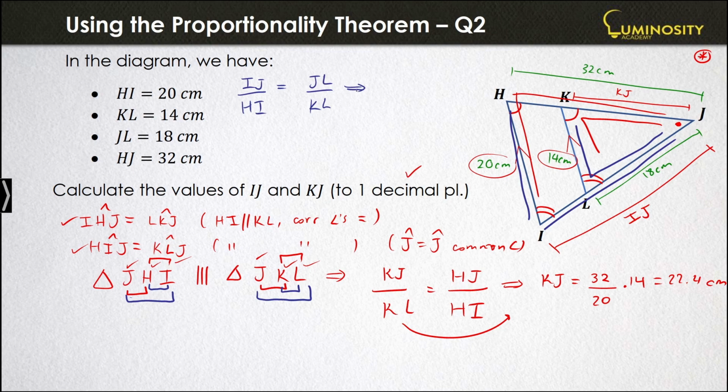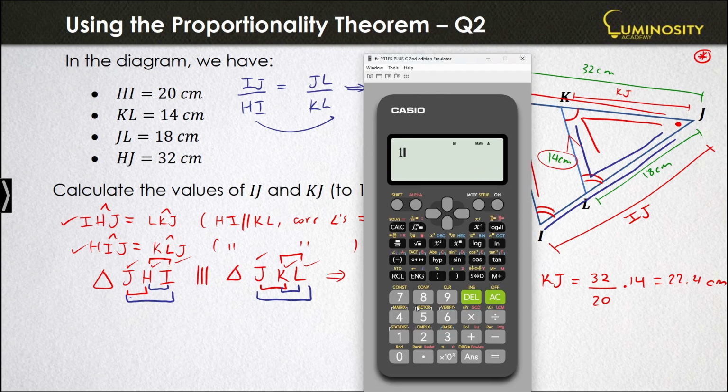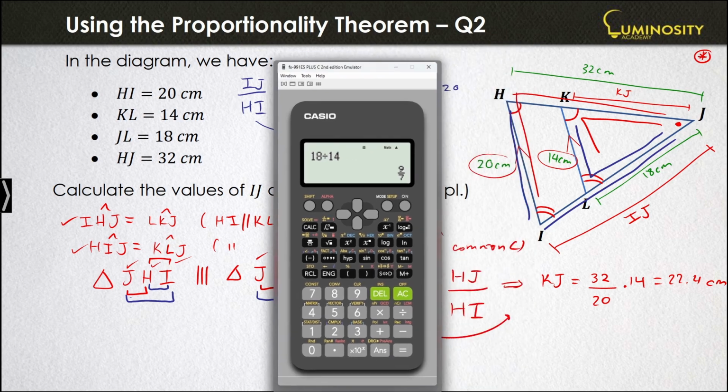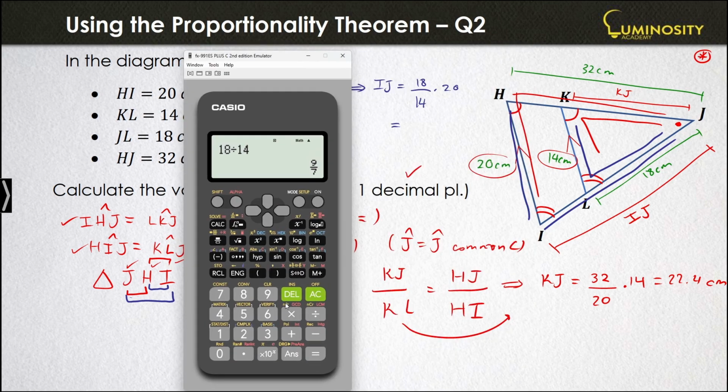So we want IJ, so I'm going to cross multiply both sides by HI. So JL, that length was 18 centimeters, divided by KL, 14 centimeters, times HI, which was 20 centimeters. So let's put that into our calculator. So 18 divided by 14, and that was times 20.